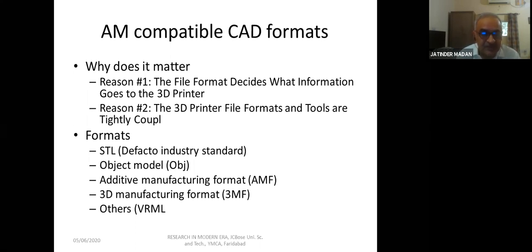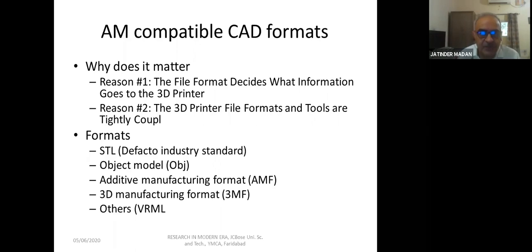STL format, this is stereolithography. You can generate it. Once you open SolidWorks, for example, and you use save as, you get these options: STL or OBJ, AMF, 3MF, and others also like VRML. So these are the formats, the options available to you.